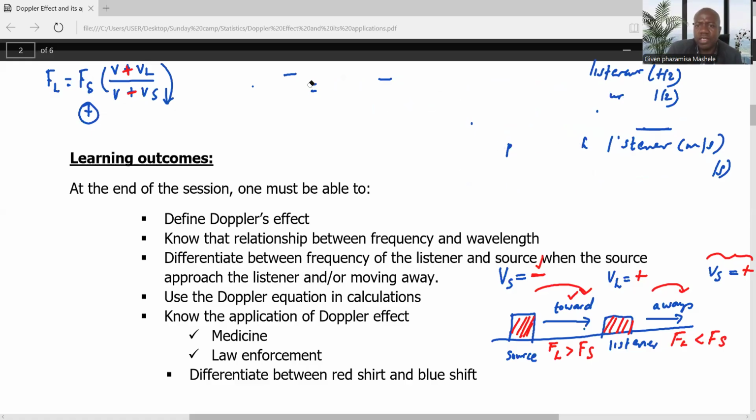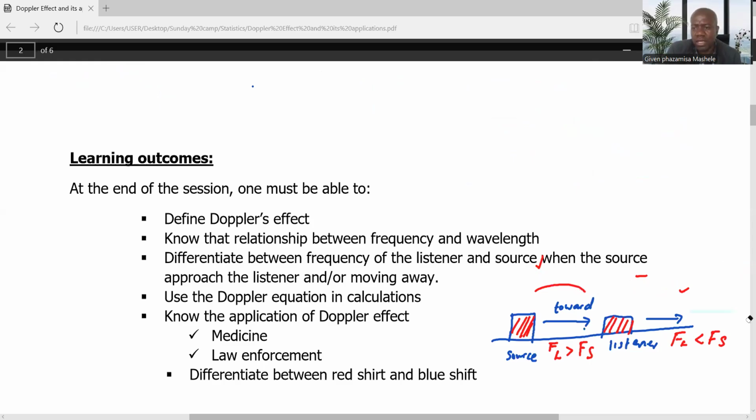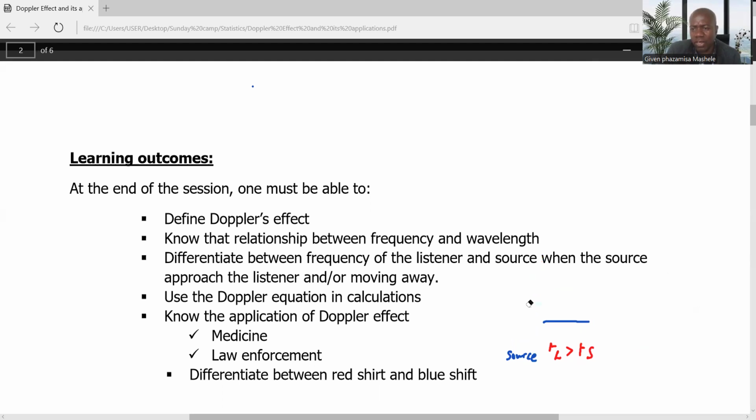And due to time, I'll just take you through 2 examples of Doppler's effect in terms of calculations. Then I will leave you with 1 question where you'll do it. Wherever you do not understand, reach out to me. I'll be available to assist you.